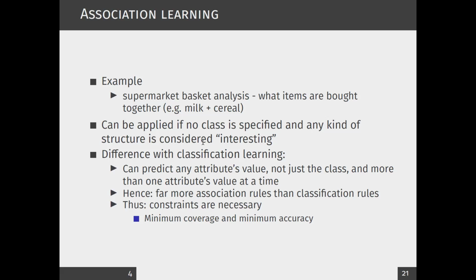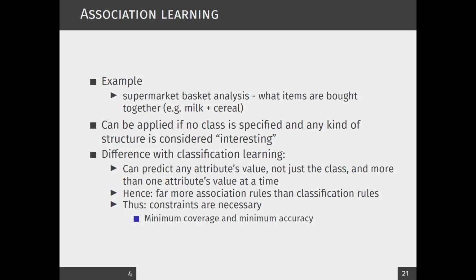So when you calculate attribute values, it's not just the class, you can look at any attribute combination. So usually you get a large number of association rules compared to classification rules.